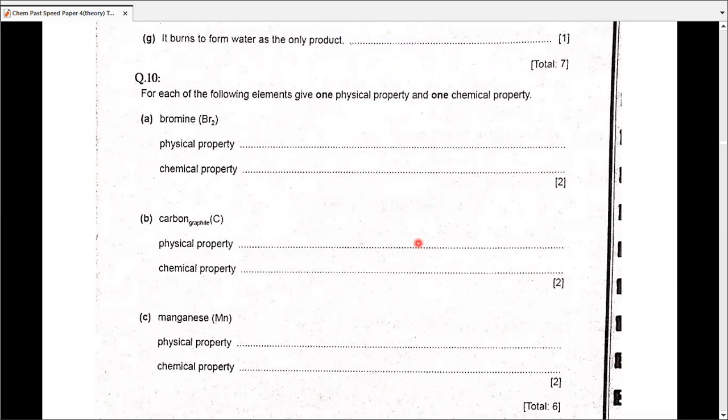B part. And they have been very specific in this case over here. They are asking about a non-metal carbon, but the specific form it is present in is graphite. So think wisely before you come up with a physical or a chemical property. So, physical property.